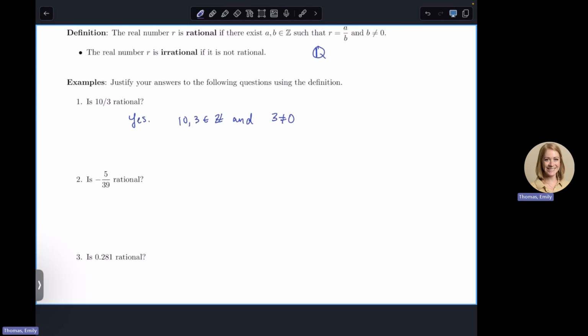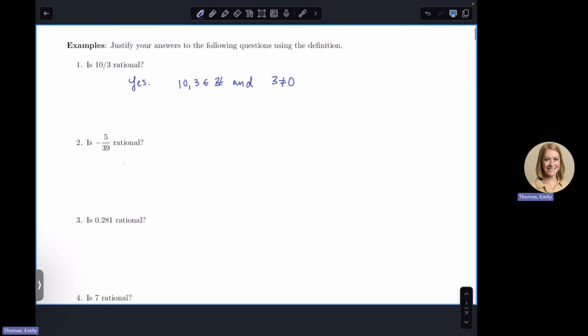Whitney, I don't want you talking right now anymore about these, not because you don't know this, but because we need somebody else to speak up. Yes, it is. Like Whitney said, you can put that negative on the top, so -5 and 39 are integers, and 39 isn't 0, so this works. Somebody other than Whitney again.